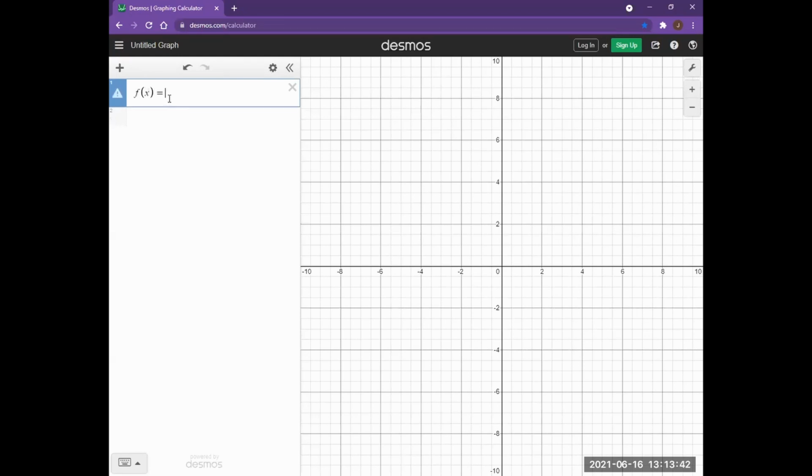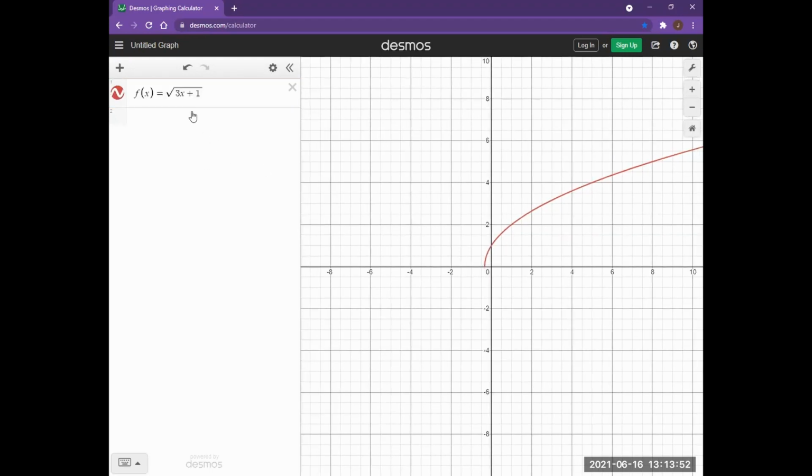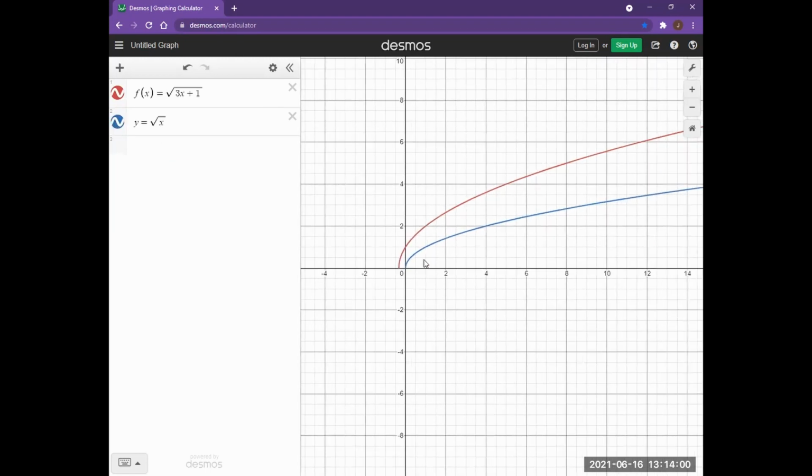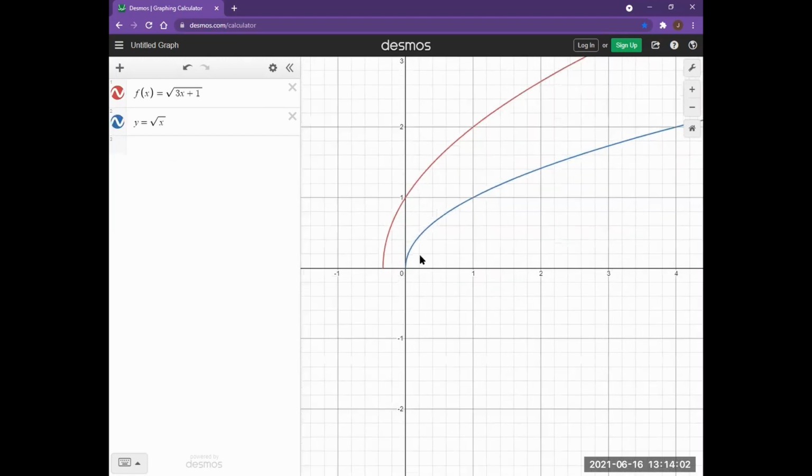So f of x equals the square root of 3x plus 1. So it's this, I'll make it red, function here. And let's compare it to the square root of x. So you can imagine if you just look at a point here, like this point 0, 0.